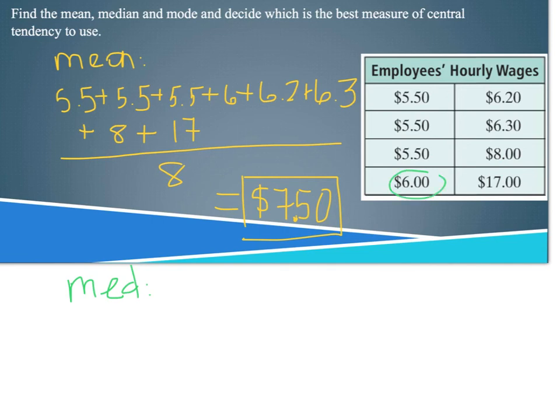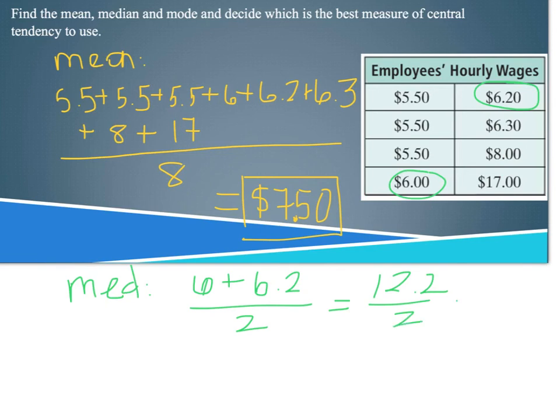I have 6 and I have 6.2, which are going to be the 2 middle numbers. So I have to find the average or mean of those 2 numbers. So if I go 6 plus 6.2 and I divide these by 2, I end up with 12.2 divided by 2, which is going to give me $6.10 as my median value.